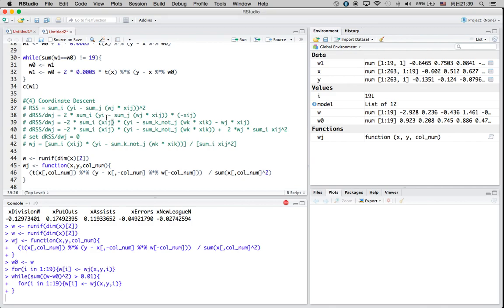So that is the basic concept of coordinate descent. Again, coordinate descent means we update one coefficient at a time, finding the minimum value in one dimension while fixing the other dimensions as constant.